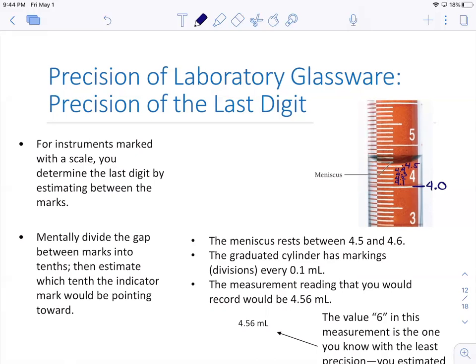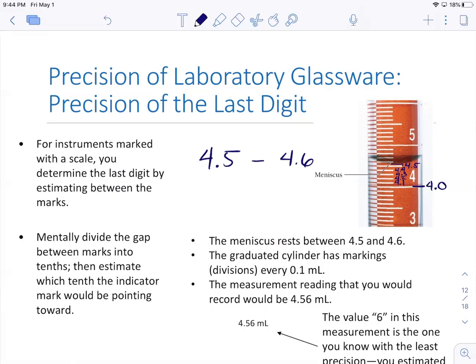And so we know up to the 4.5 right there. Notice where the meniscus is. It's a little bit under 4.6. So I know that the number is between 4.5 and 4.6.